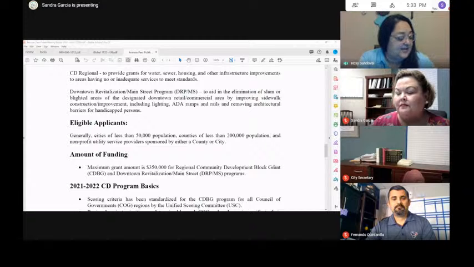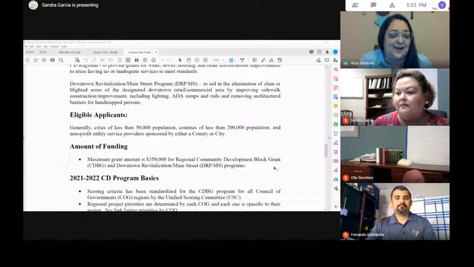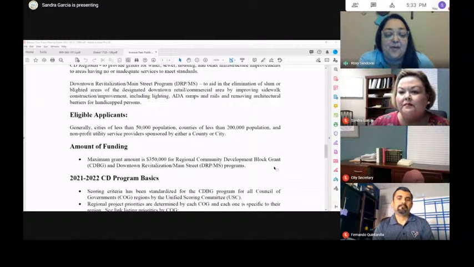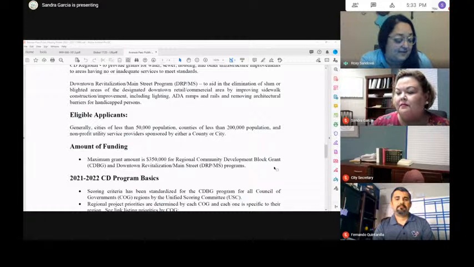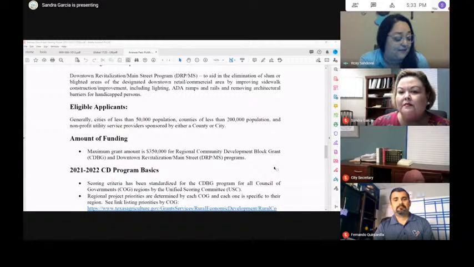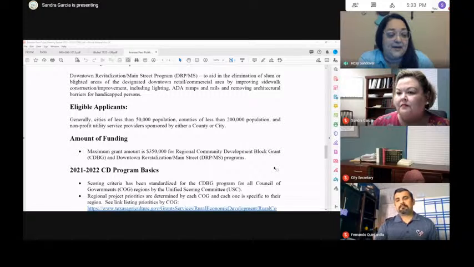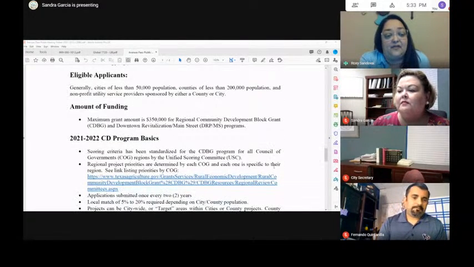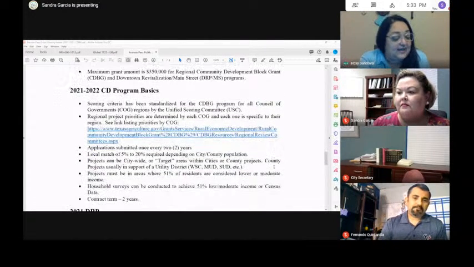The amount of funding, what everyone wants to know. The maximum grant for both of these programs is $350,000. You don't have to apply for the max, but this is the amount that you can apply for up to through TDA. And then I'm going to go over some of the basics for the CD program first.